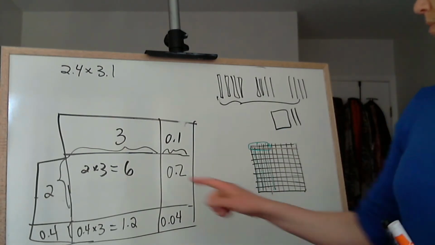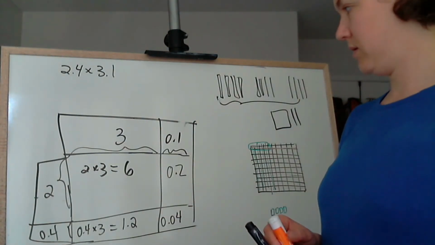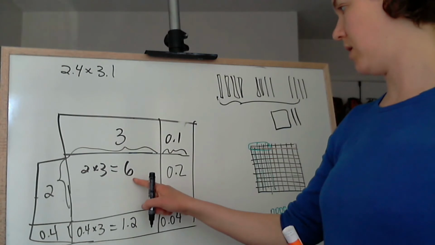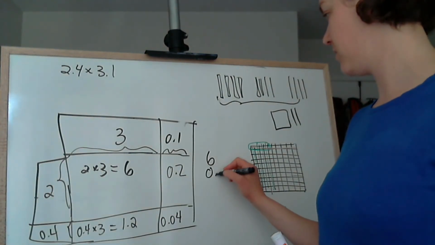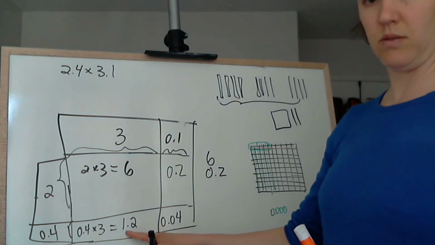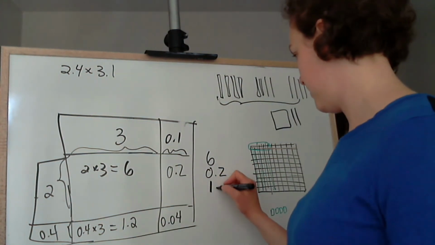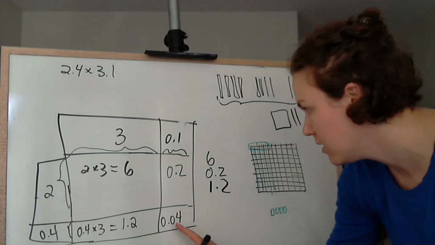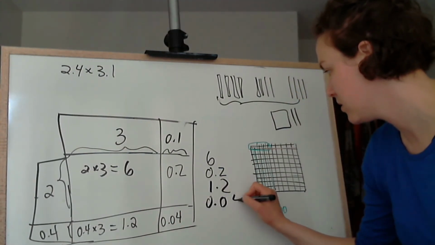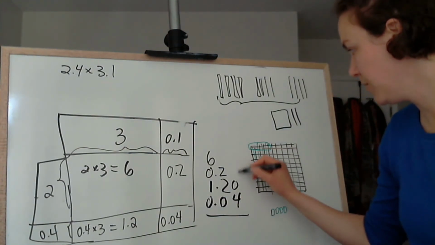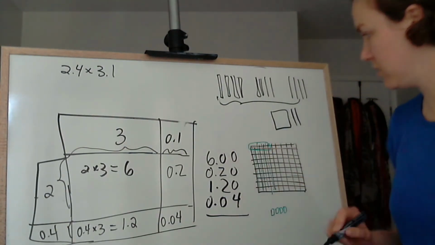And then I add up all of my decimals here. So I have got 6 plus 2/10 plus 1 and 2/10 plus 4 hundredths. Remember to line up your decimals.